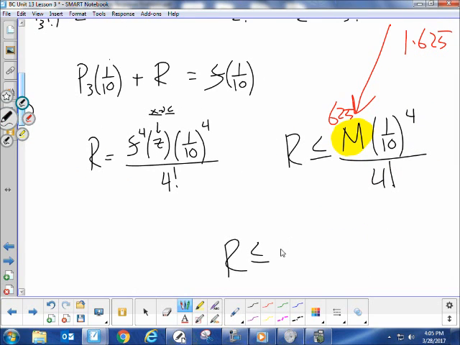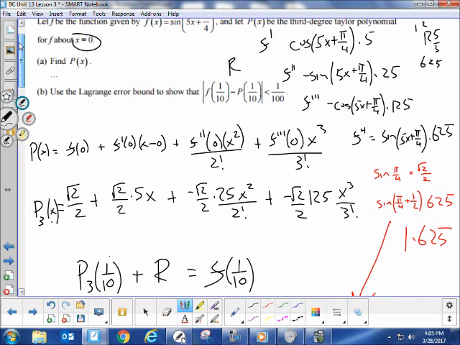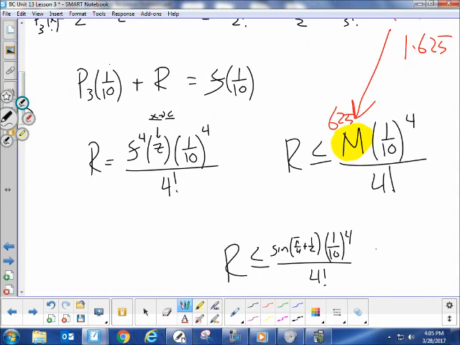So r has to be less than sine of pi over 4 plus 1/2 times 1/10 to the 4th over 4 factorial, and this should be less than 1 over 100. Let's just do the math.